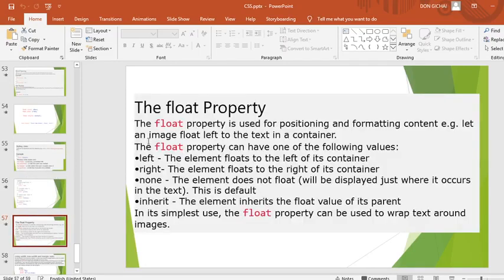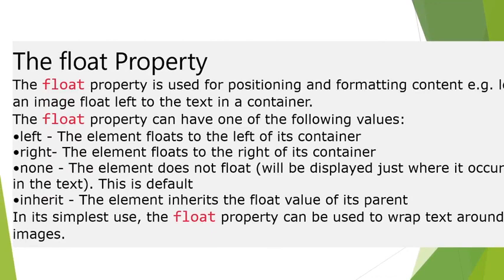Usually use the float property. Therefore, the float property is very important. The float property is used for positioning and formatting content. For example, let an image float left to the text in a container. Then the float property can have one of the following values: left, right, or none.